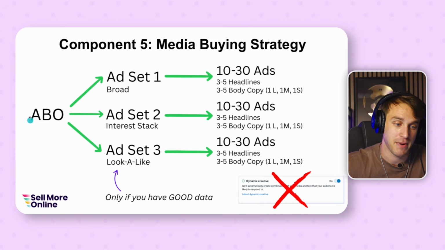Sometimes we'll relaunch the campaign if we need to reset the overall machine learning model of the campaign, like if we keep launching new ad sets within the same ABO and we're not getting good results. Sometimes we'll relaunch the whole campaign with fresh creatives, but most of the time we're living in the same ABO, launching a new ad set with new creatives every time we hit a fatigue point on the initial ads.